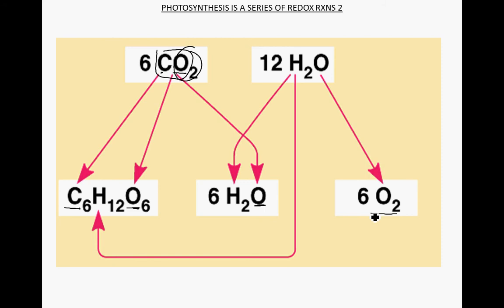This O2 is not the O2 from CO2. This carbon and this oxygen end up in the organics and end up in this water. Right? So really what's happening then, all of this oxygen that comes out that's a byproduct of photosynthesis is due to this oxygen right here in the water that goes in.